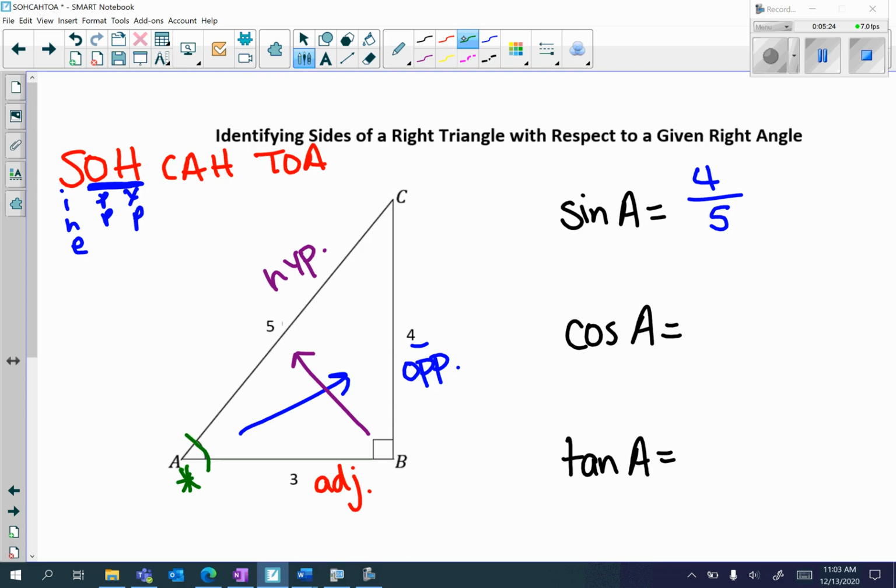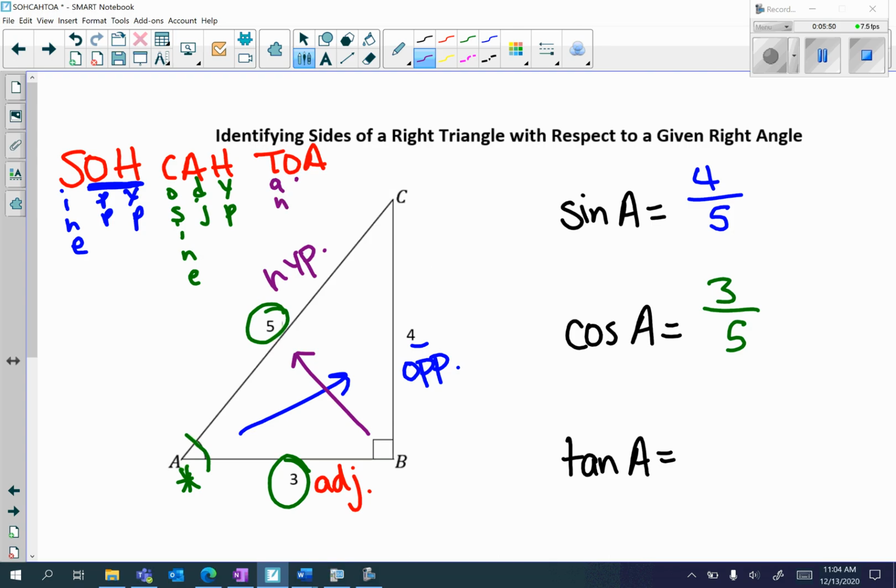Next, we're going to use cosine, or CAH. So cosine is represented by adjacent over hypotenuse. So our adjacent is going to be 3 over the hypotenuse, which is 5. Cosine of A is equal to 3 over 5. Lastly, we have tangent.